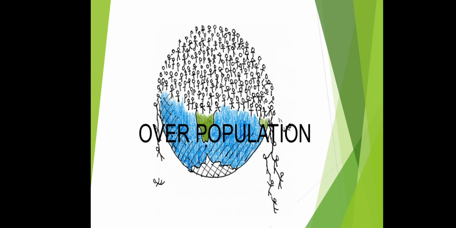Overpopulation also contributes to the destruction of the environment. More people means more emissions, more garbage, and fewer resources. As the population increases, the demand for water, food, and land also increases.